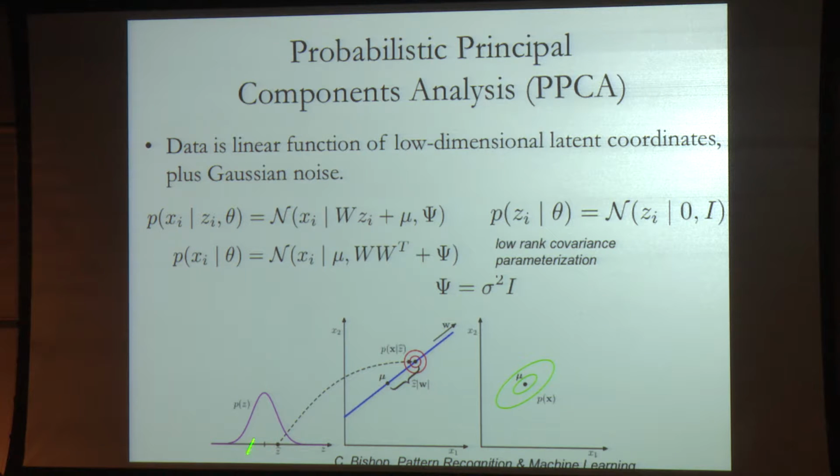You assume it comes from some zero-mean Gaussian that's isotropic. That would give you some offset from some mean location that gives you this point here. And then you would add isotropic noise that goes out away from the manifold into the high-dimensional space. And you end up with a full density model of your data. And that's effectively what you're fitting when you fit PCA. You're fitting a little density model.